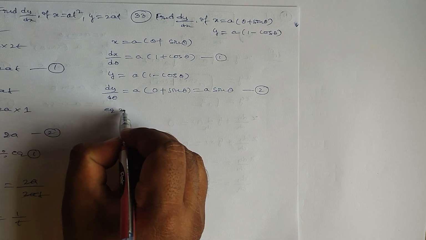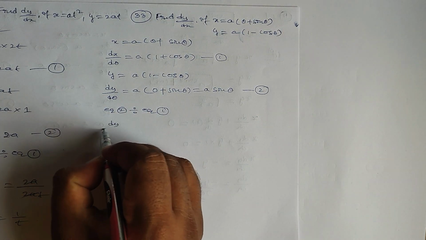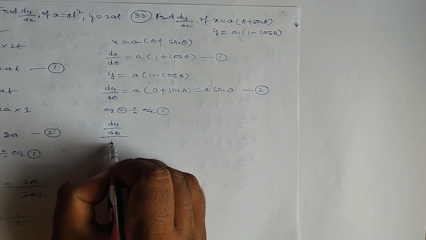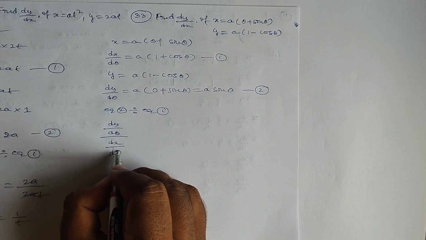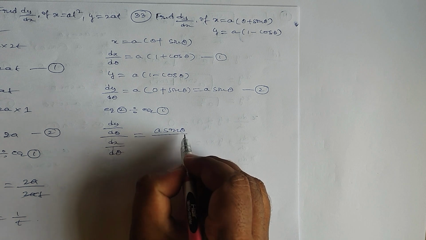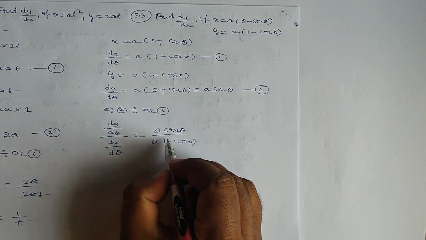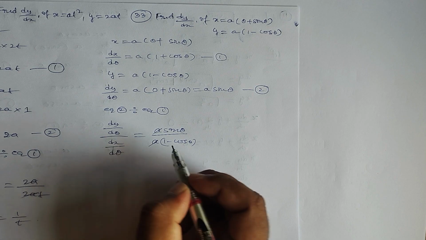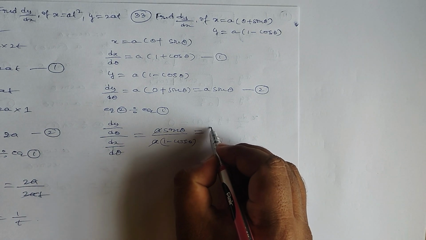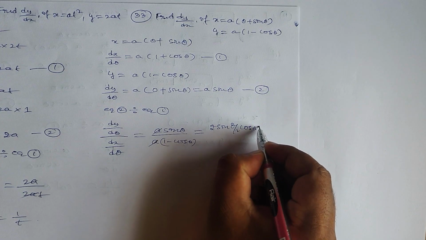Now equation number 2 divided by equation number 1. So that becomes dy by d theta divided by dx by d theta equal to a sin theta divided by a into 1 minus cos theta. Right, so here a gets cancelled. Now sin theta becomes, by the formula, 2 sin theta by 2 into cos theta by 2.